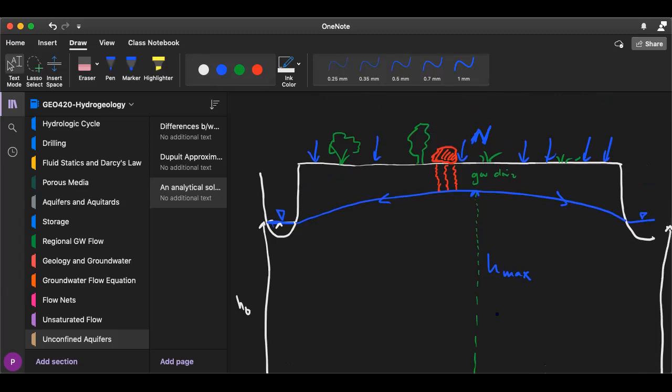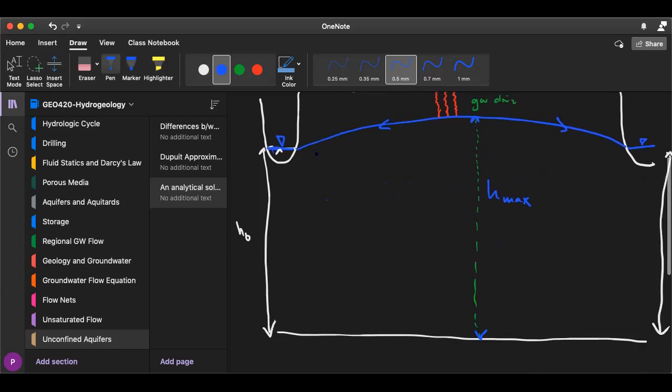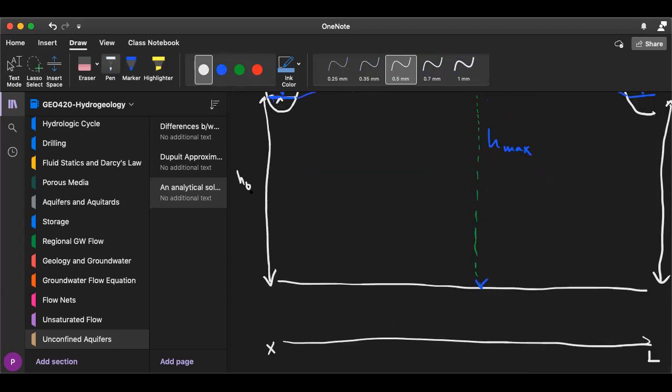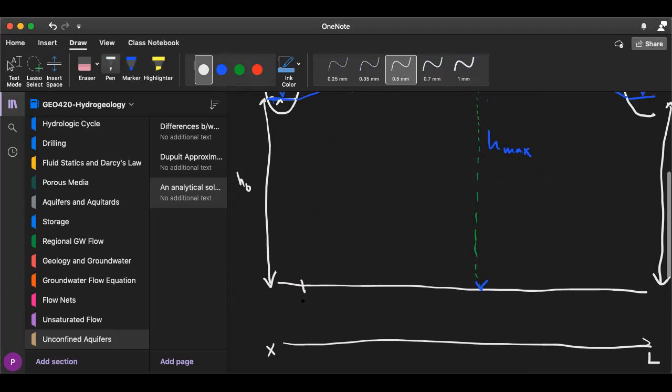All right, so now some boundary conditions that I'm going to write. So H is equal to H naught here at X equals 0. So this is X equal to 0.